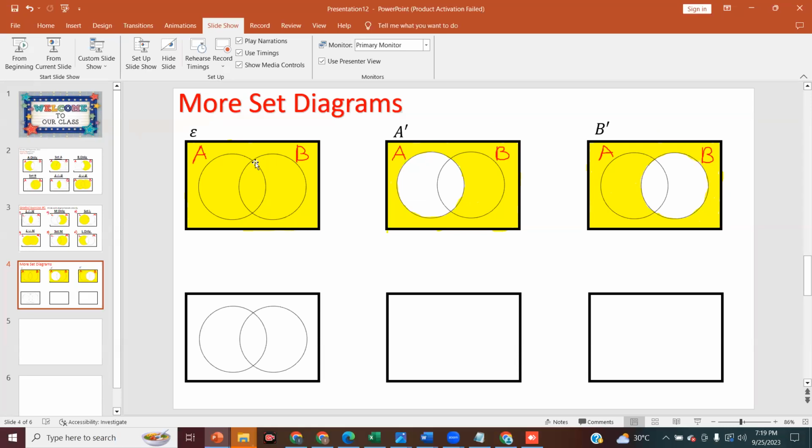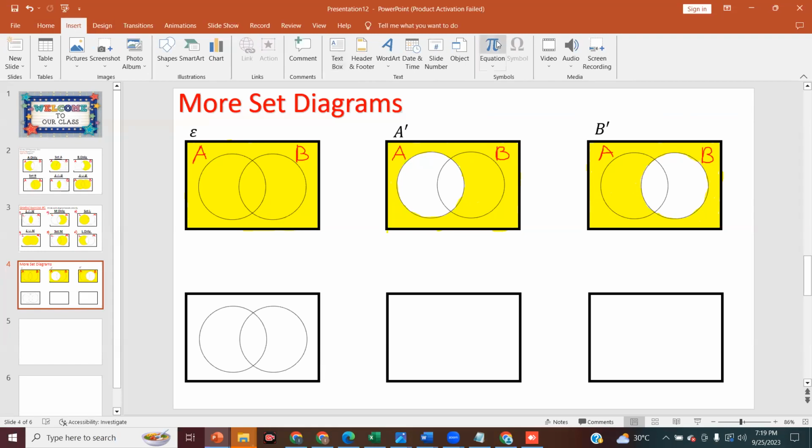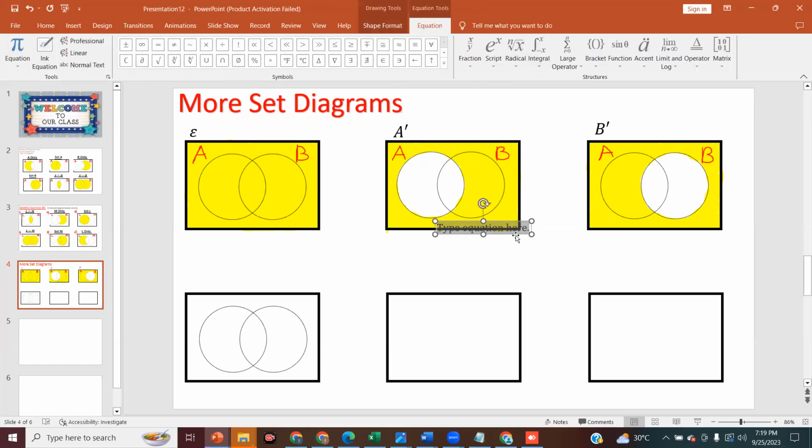Honestly, this one is difficult, so if you actually know what this is, then you're a genius. Let me tell you it, and then you can tell me if you know the answer.